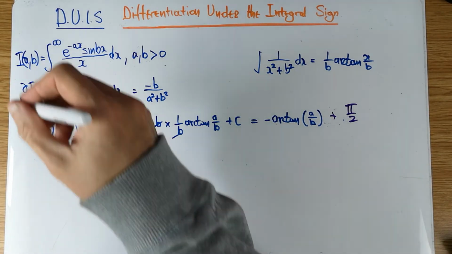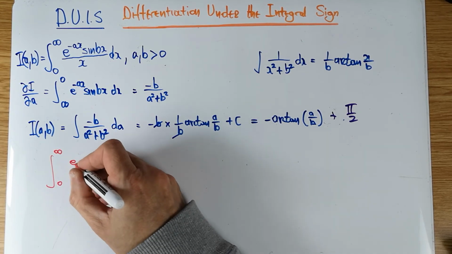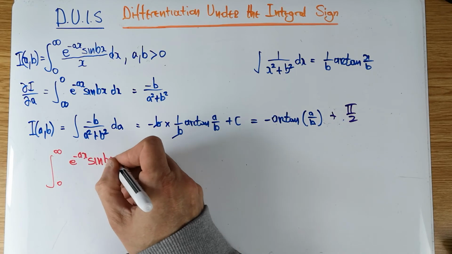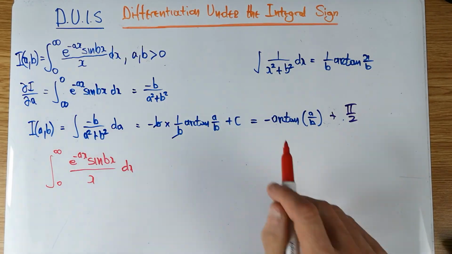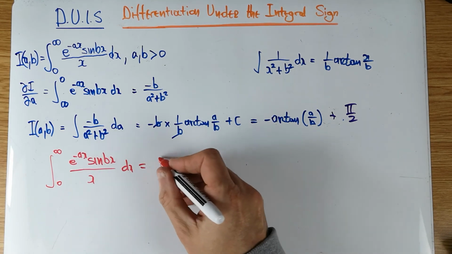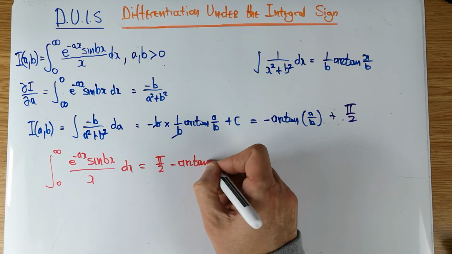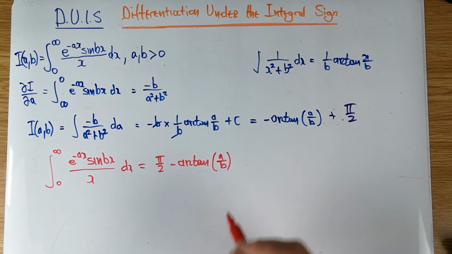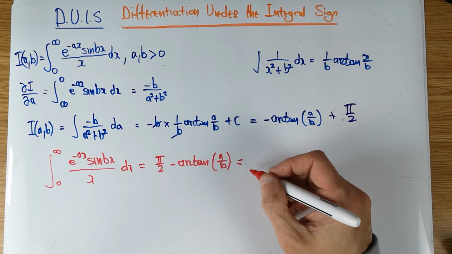Okay, so in this particular case, the integral from 0 to infinity of e to the minus ax sine of bx over x dx turns out to be pi over 2 minus the arctan of a over b. We can leave it like that, but that's in fact the same as if we rewrite it.